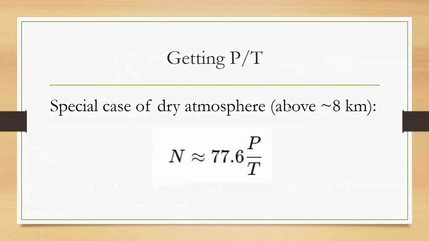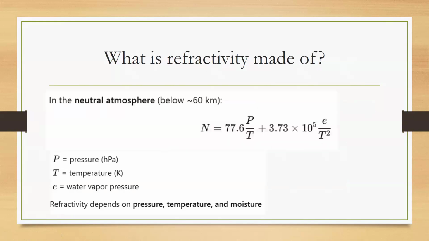So to get P over T, there's also an approximation from the formula I showed earlier, which is what happens above 8 kilometers. This is precisely when we exclude the water vapor part of the atmosphere. Above about 8 kilometers, the water vapor pressure goes to zero.